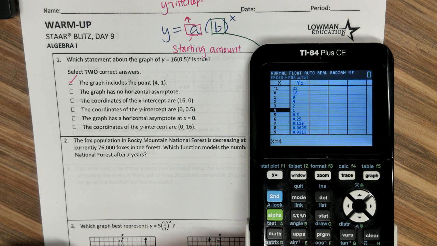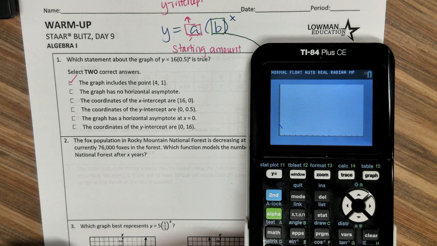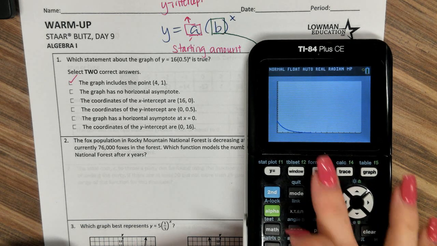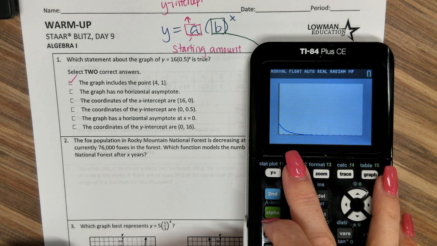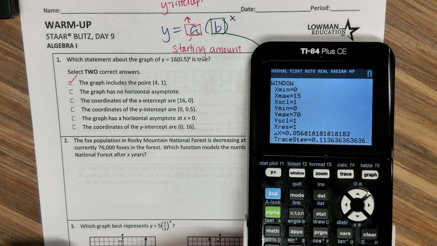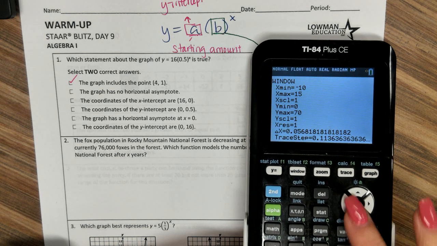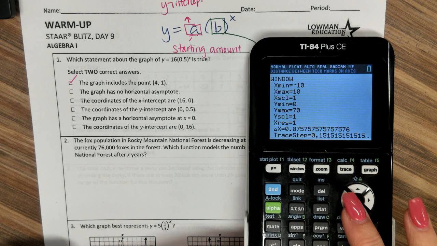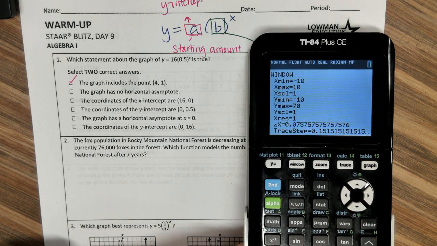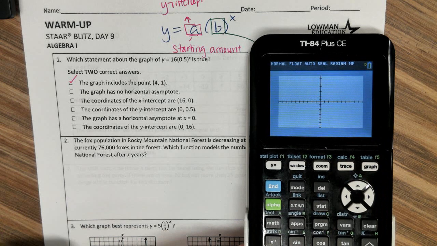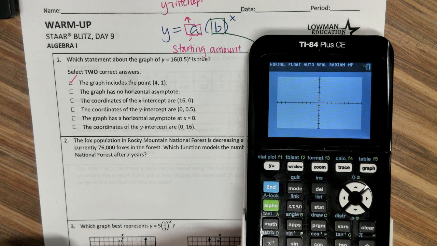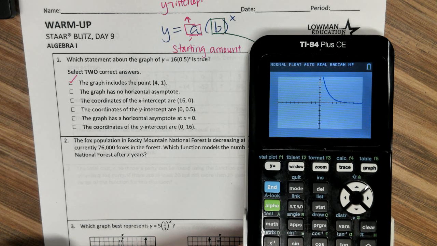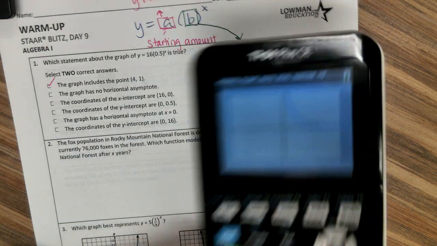No, it does have a horizontal asymptote, and if you look at the graph, which my windows are all changed from earlier today, so I'm going to change it back to negative 10, positive 10, negative 10, positive 10. You can see that it does have a horizontal asymptote, and it's approaching the 0, but it's never touching it. So do y'all see that? So that's not true.